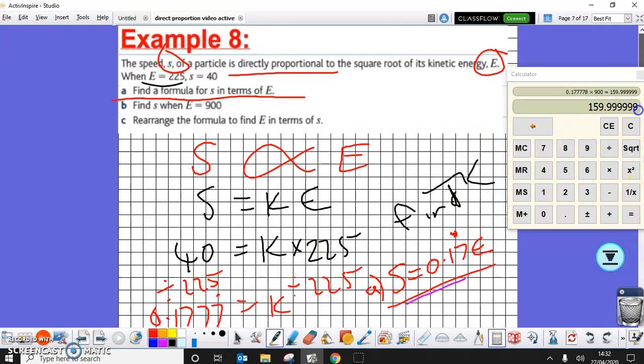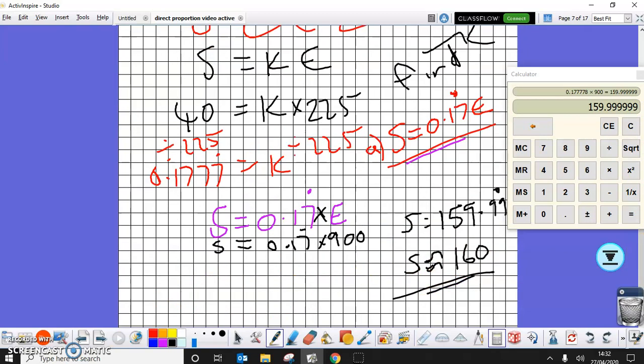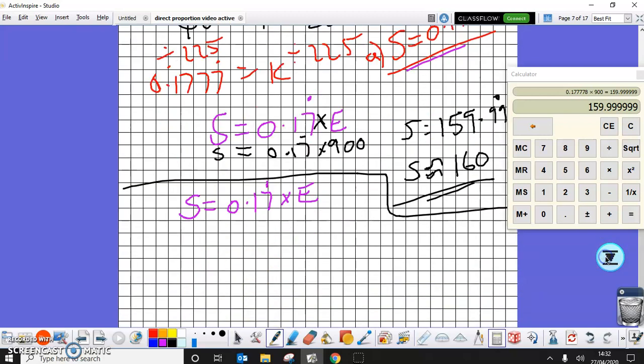And the final one, rearrange the formula to find E in terms of S. Now, one slight bit of difference in this particular question from a problem solving perspective, we have got the formula we started with, which is S equals 0.17 recurring times E. Okay, and we need to rearrange to get E in terms of S. So instead of S being the subject, we need E to be the subject.